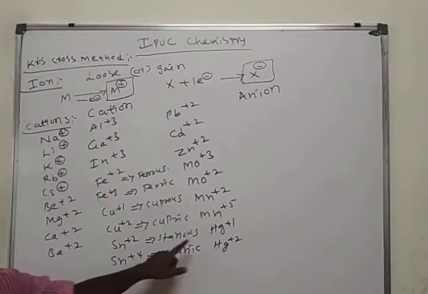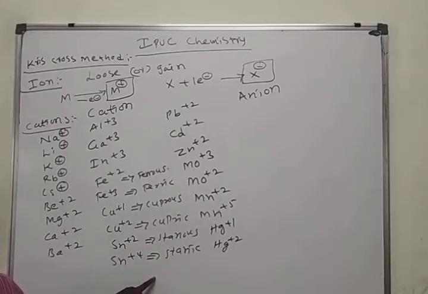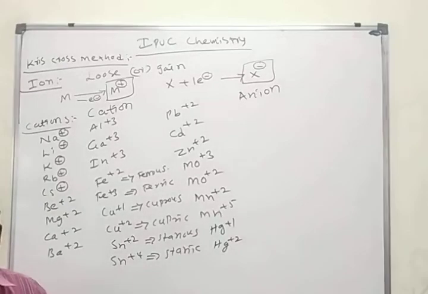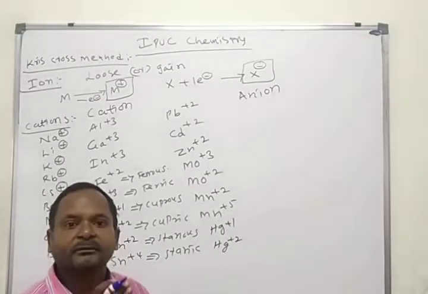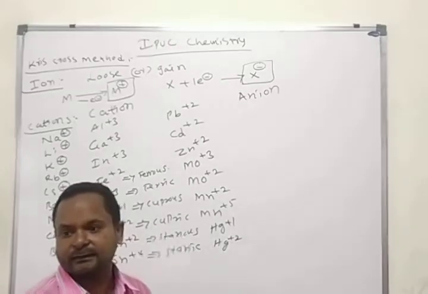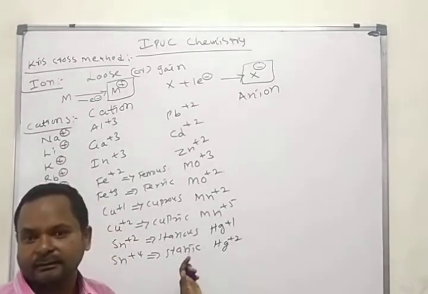Here also the same: Sn plus 2, stannous. There is no Sn plus 3; what we have is Sn plus 4, that's why we call it stannic. The first oxidation state of any metal ends with ous.